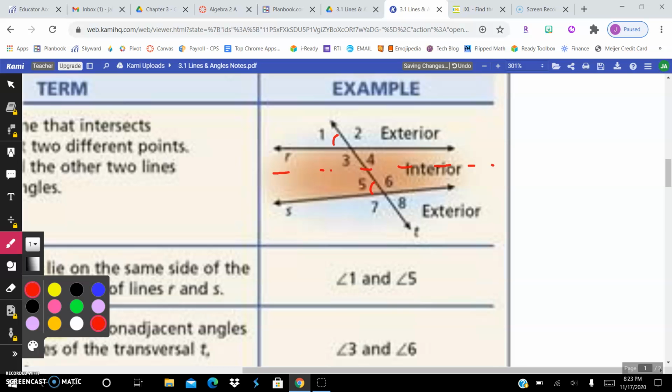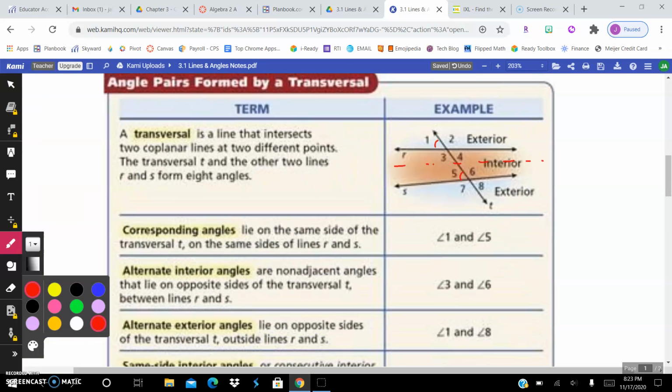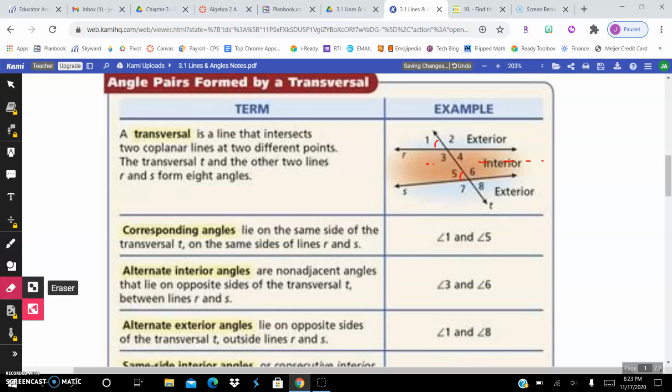So those are the top left angles of the line. Those are called corresponding angles. We could also say 2 and 6 are corresponding, 4 and 8 are corresponding, and 3 and 7 are corresponding. So it's not just those top left ones. It's every angle with the other angle in the same exact position.